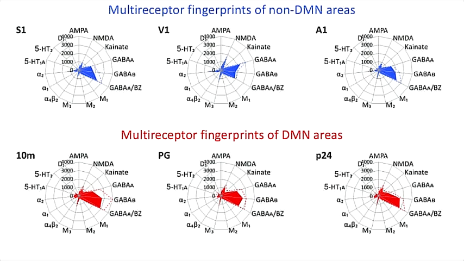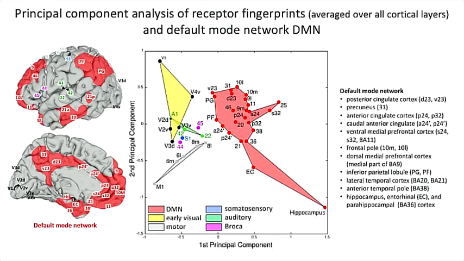Now we have to make a more strict evaluation of the similarity. Are they really similar and different from the other areas? And that's here.